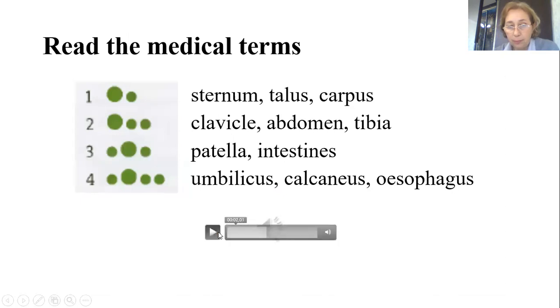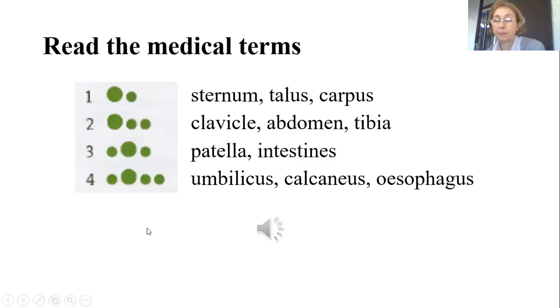The pronunciation. 1: sternum, talus, carpus. 2: clavicle, abdomen, tibia. 3: patella, intestines. 4: umbilicus, calcaneus, esophagus.